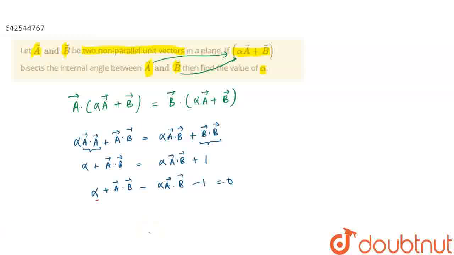So now we have this alpha and this minus 1, alpha minus 1, and from here taking A dot B vector common, we will have alpha minus 1 times A vector dot B vector equals 0.